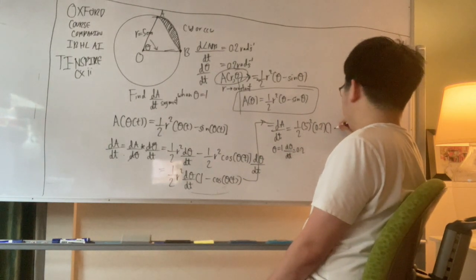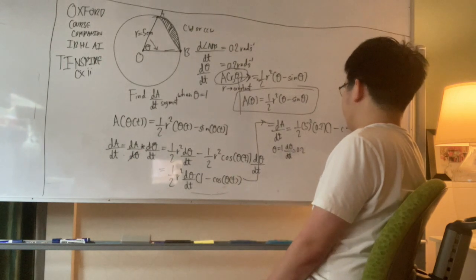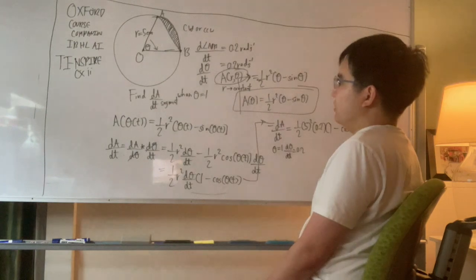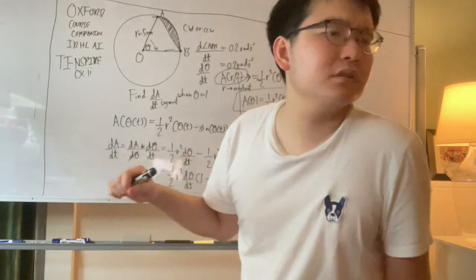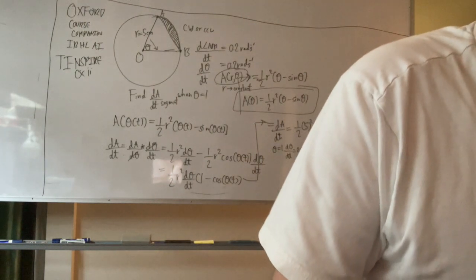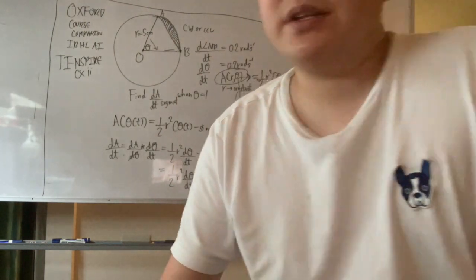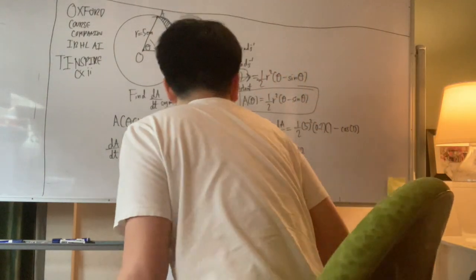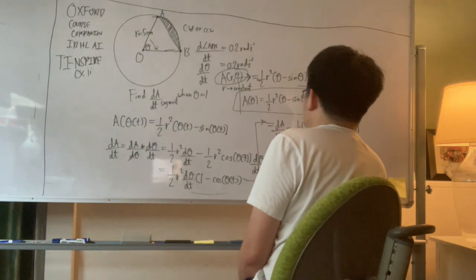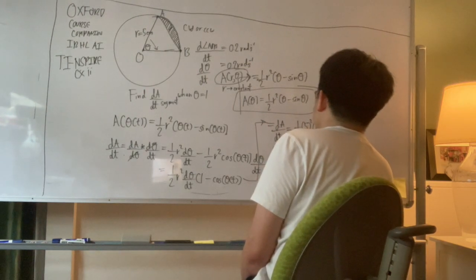And then I do 1 minus the cosine of that angle, which is just cosine of 1. That's going to be nasty. Is that 1 radian? Let me check again if that's 1 radian. They didn't give units, but everything else is in radians, so I'm going to assume charitably that this is 1 radian. Yeah, they gave this as radians per second.